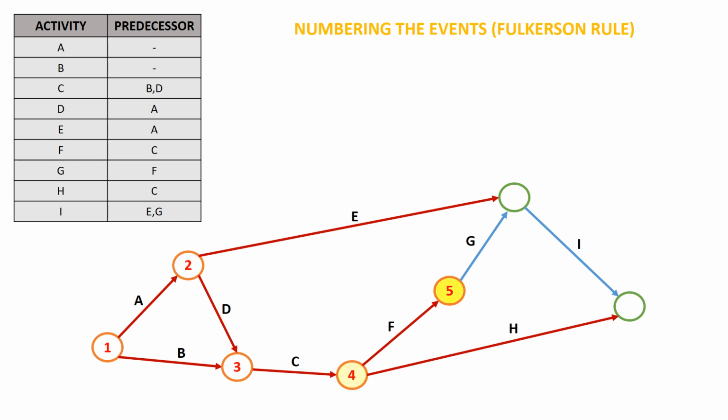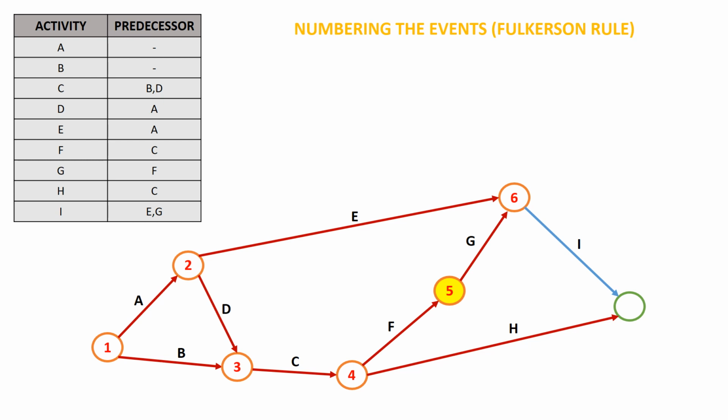Now we will move on to the next event, which is event 5. From event 5, I have only one activity that is emerging, which is activity G. And now I can number the event after activity G, since both the incoming activities for that event have been traced. That is, activity G and activity E both have been traced.